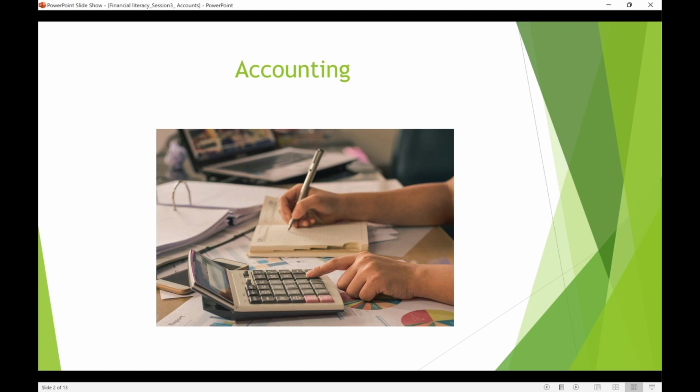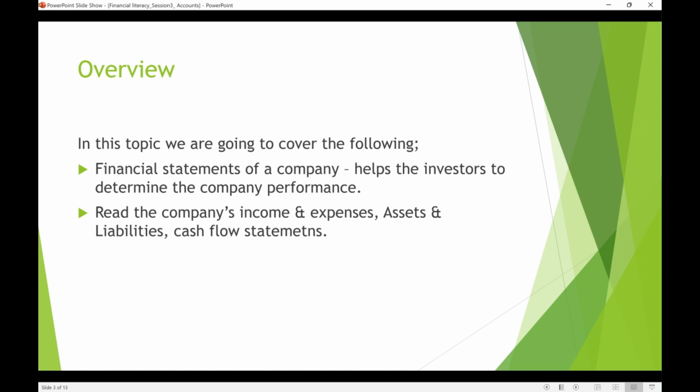It's just about what to look into in a company when you want to invest, especially when you buy equities in the company. Let's have a glance. We're going to look at financial statements, which help investors determine how the company is performing over the past few years.